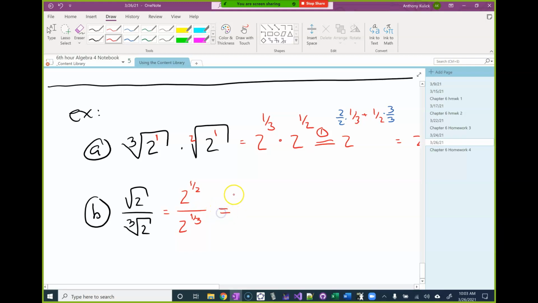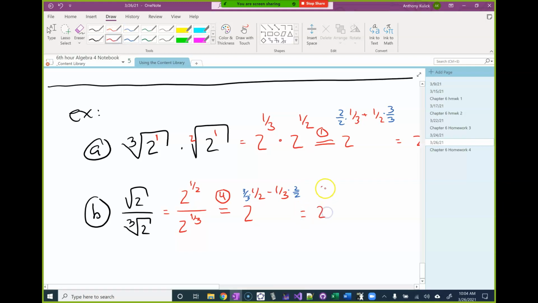And now we're going to use property 4 to say that's 2 to the 1/2 minus 1/3. Again, to subtract two fractions, we need a common denominator. That common denominator is going to be 6. So I'll multiply the first fraction by 3 over 3 and the second fraction by 2 over 2.